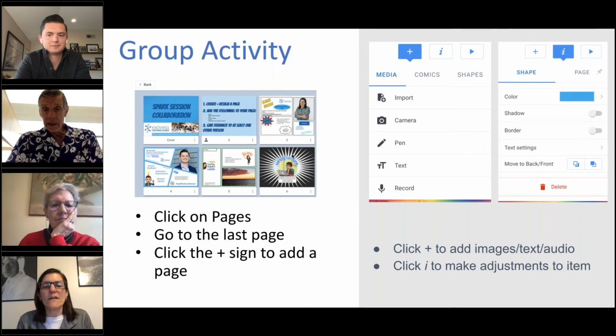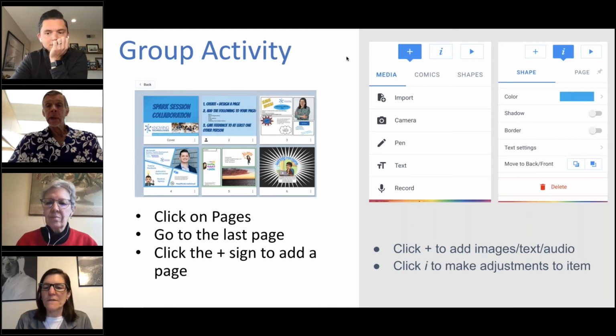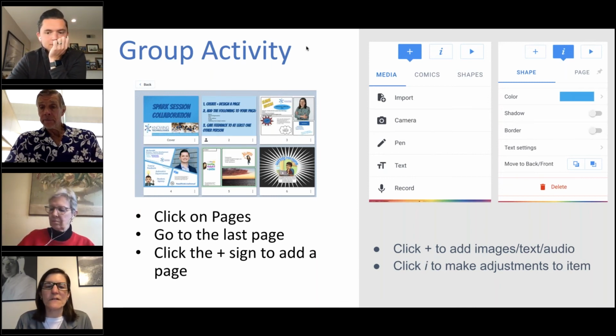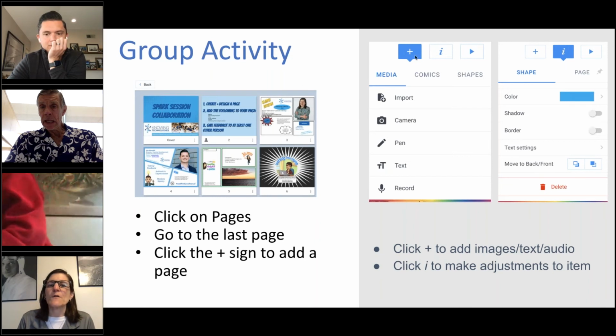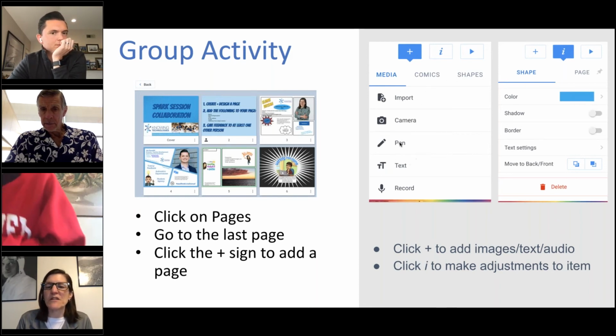So you're going to click on the last page in the book, and then click on the plus sign to add a new page. And once you're on a blank page, I'm going to tell you just enough so that you know enough to be dangerous, which is if you click on the plus sign up here, it's going to give you the opportunity to add media, shapes, comic panels, and speech bubbles.